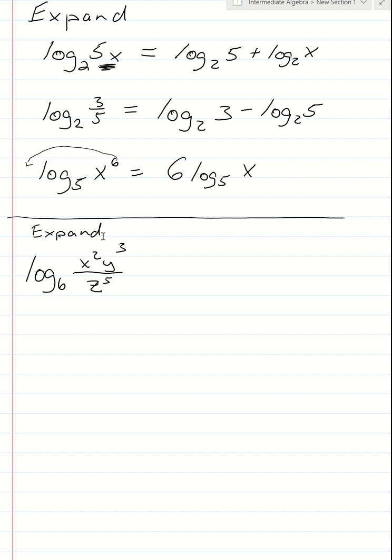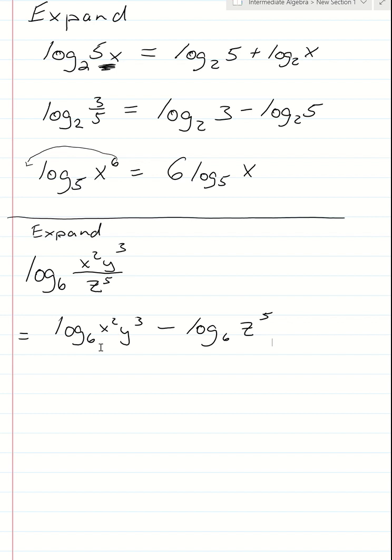Well, if we were to expand this out, the first thing that I'm going to look to do is expand out the division. So I'm going to write this as the log base 6 of x squared y cubed minus the log base 6 of z to the fifth. So that expands out the division and turns it into subtraction.